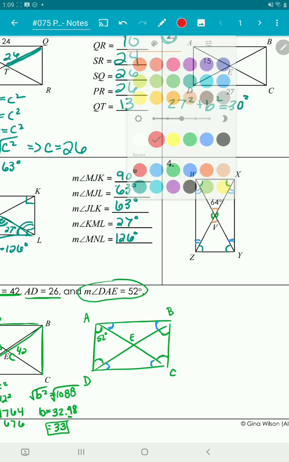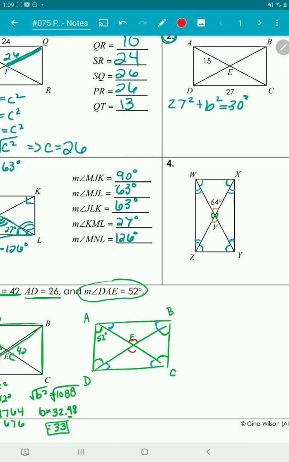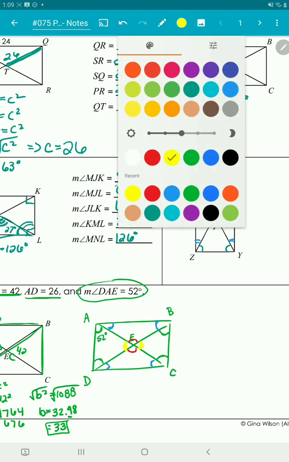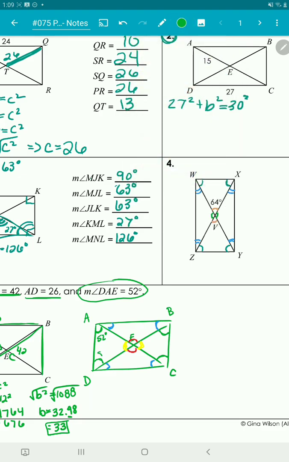And then you have the angles on the inside here. These two are the same. And I don't usually use yellow, but let's use it. And these two are the same. So let's go ahead and say all these green ones are 52 degrees. And we know that each entire corner here is 90 degrees.